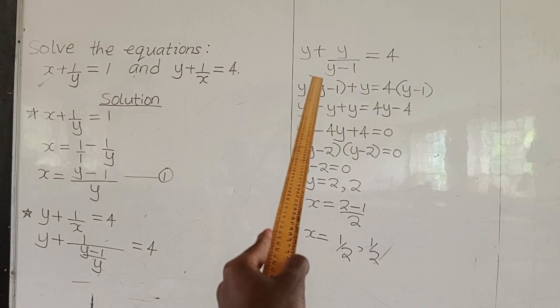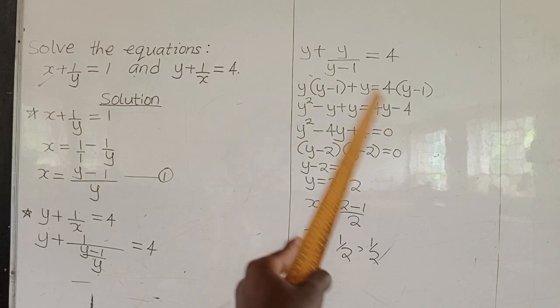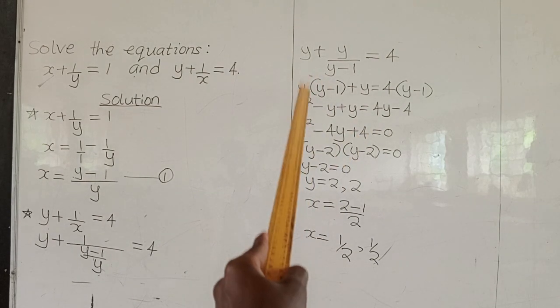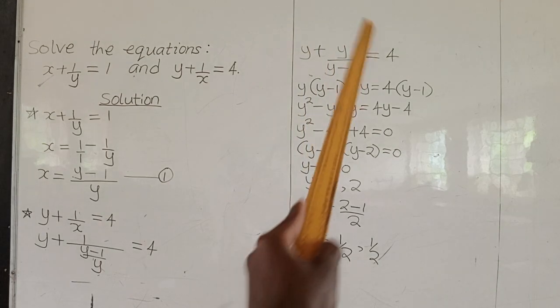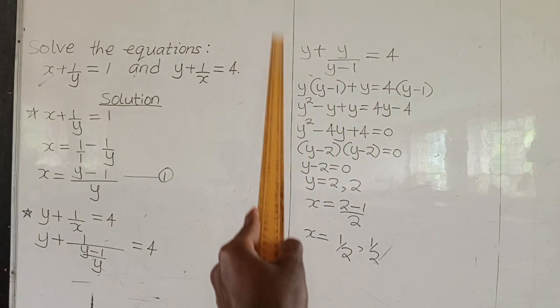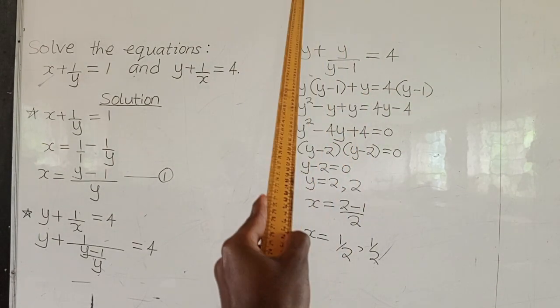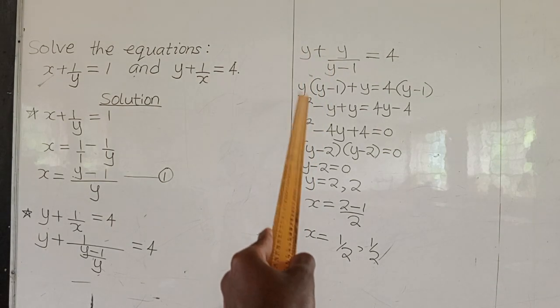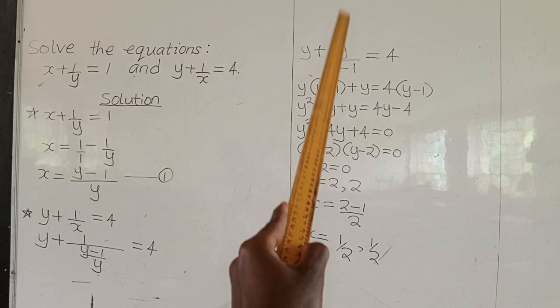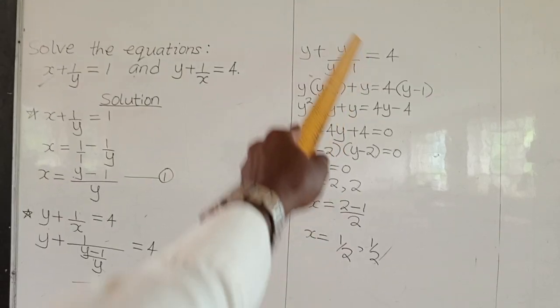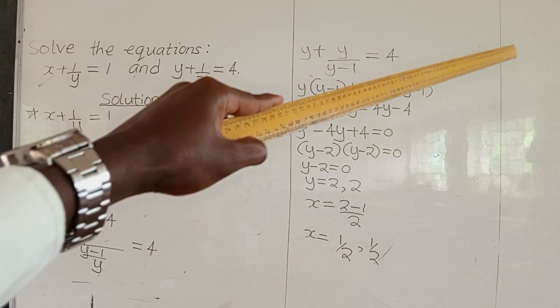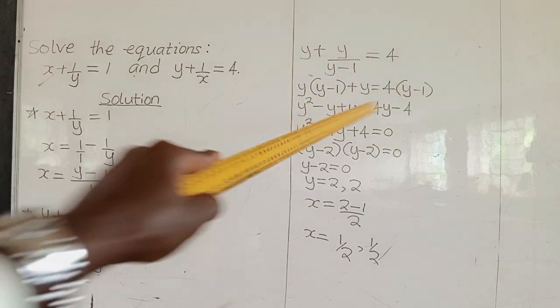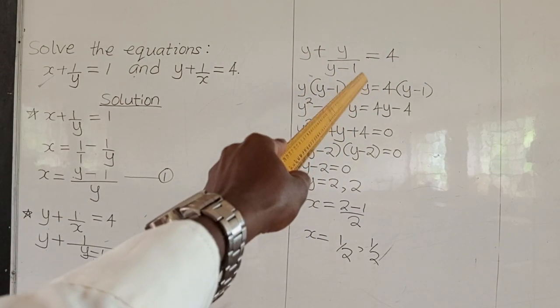Then since we want to eliminate y minus 1, we can do that by multiplying the whole equation by y minus 1. And when we do so, we shall have y times y minus 1 plus y, since this one has eliminated the y minus 1 which we've multiplied, so we shall have just y.